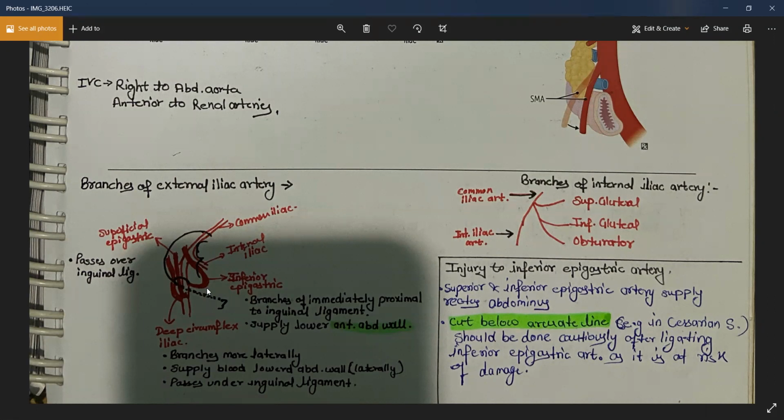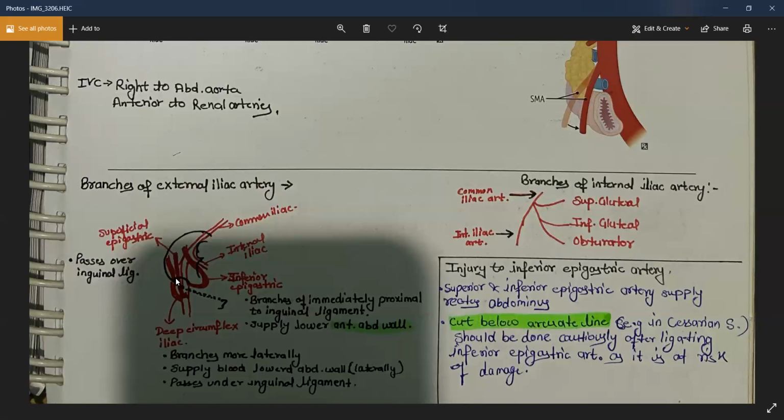Then you have the deep circumflex artery, which passes under the inguinal ligament. After the artery passes the inguinal ligament, it gives off a branch which is known as the deep circumflex iliac artery.